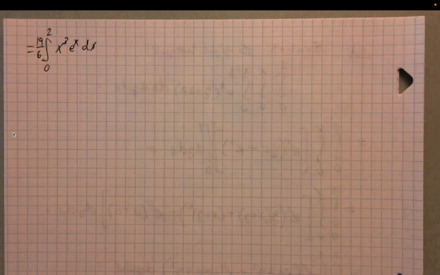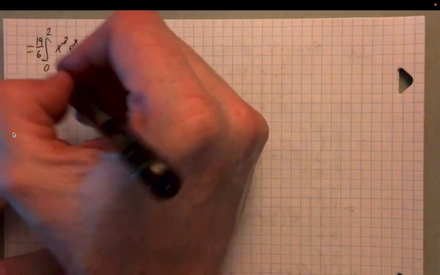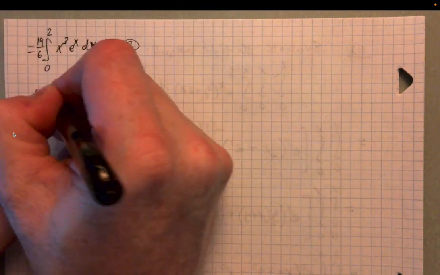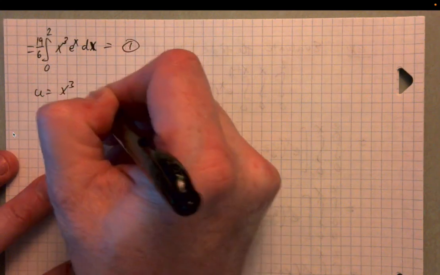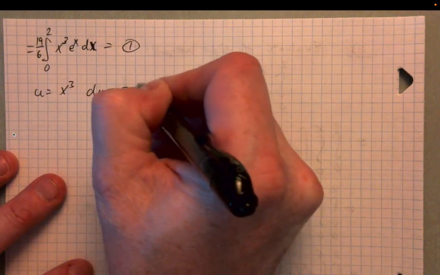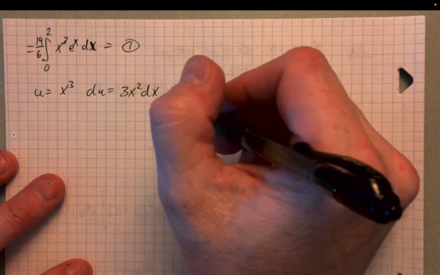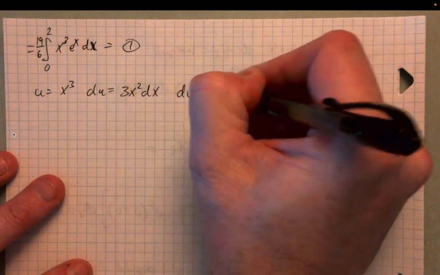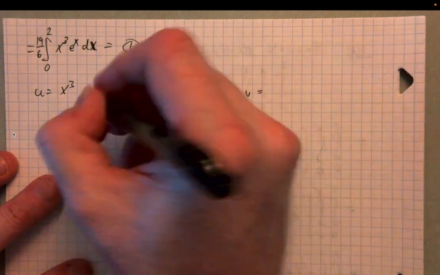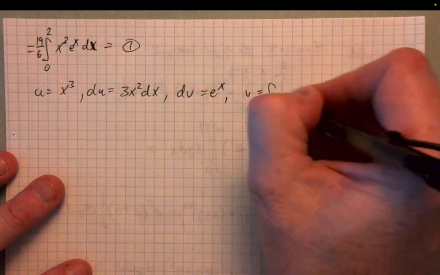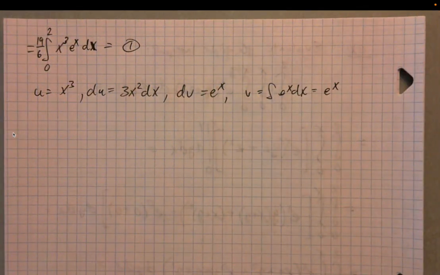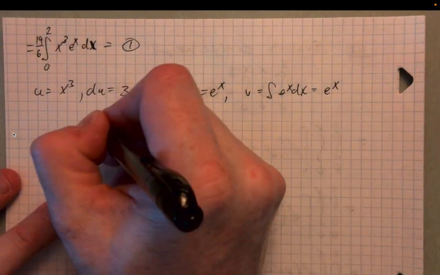Okay, and so we can use integration by parts, and just in case we're rusty on this, we'll say u is equal to x cubed, du is equal to 3x squared dx. We'll set dv equal to e to the x, and that means v is equal to the integral of e to the x dx, which is e to the x.